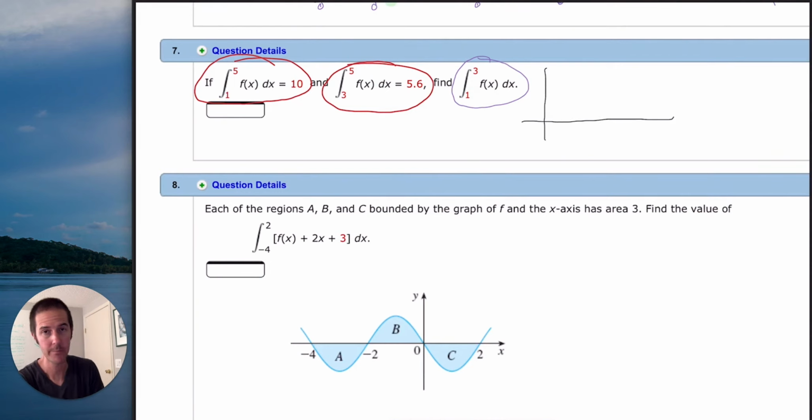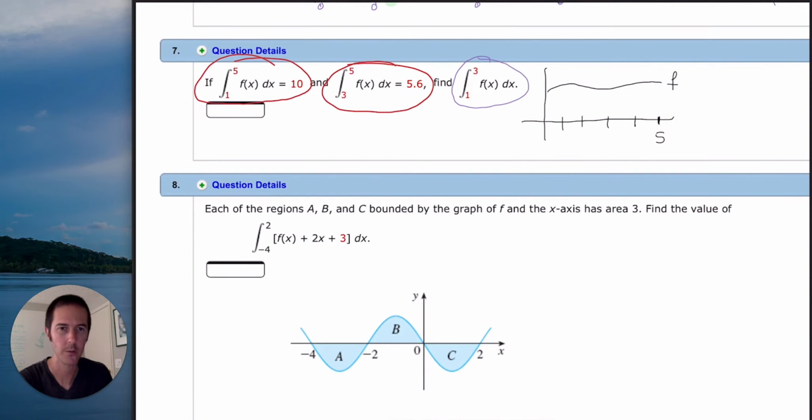I don't know what this graph looks like. I don't really care. So one way that we can look at this is we'll make up our own function, f of x. So there's function f, and we're going from 1 to 5. So this is 5, 4, 3, 2, 1, 0.